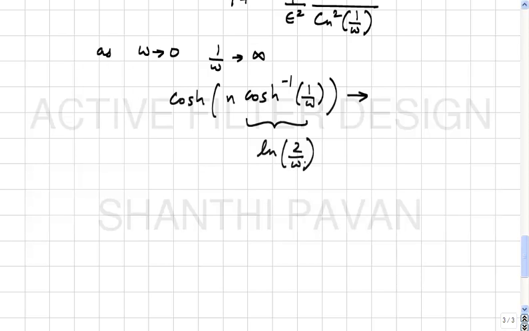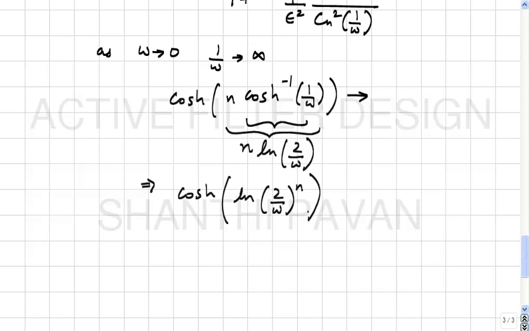Okay. All right. So cos hyperbolic of n cos hyperbolic inverse 1 by omega tends to n ln of 2 by omega. Correct? Which basically means that this is nothing but cos hyperbolic of ln of 2 by omega whole to the n. Okay. And what is cos hyperbolic?